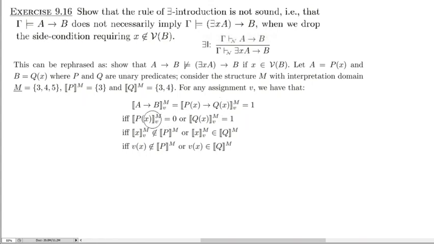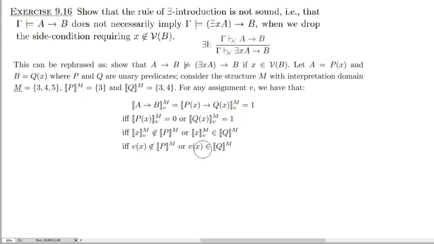So for P of x to be evaluated to 0, we have to have some x under M and V which is not in P under M. So for this x not to be in P under M, it means that V of x is not in P under M, because, as you remember, x here is a free variable, so it will be assigned by V. On the other side, for Q of x to be true, we just have to have it so that x under M and V is in fact in Q under M. And that means that because x here also is a free variable, V of x is in Q of M. I have to show that this holds for every single assignment V.